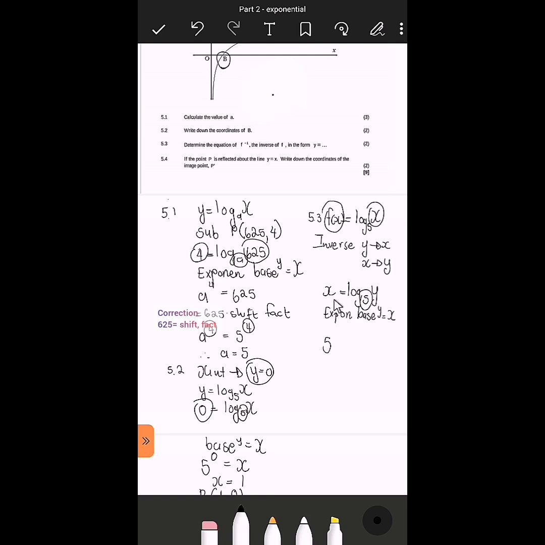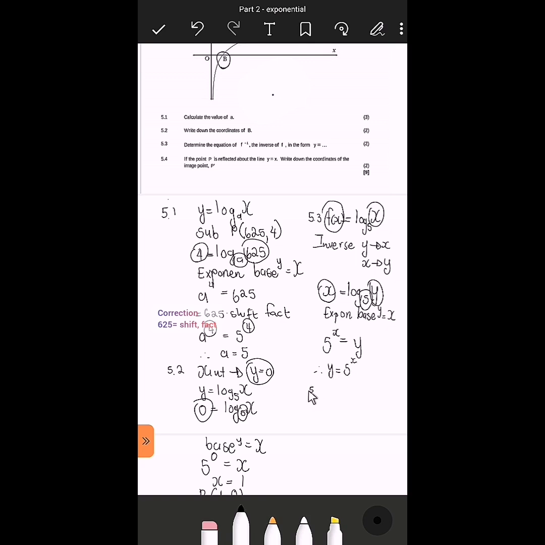The y now is no longer the normal y, but the y now is x, equals y. That means our equation of the inverse is y equals 5 to the power of x.